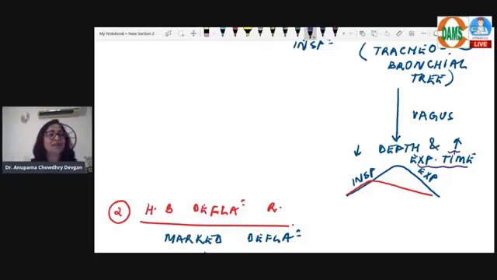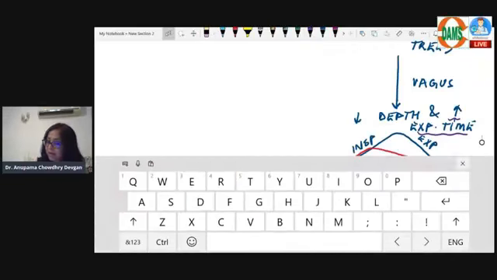Because the rate is not affected, the time available for each respiratory cycle is the same. For example, if there are 12 breaths in 1 minute, each respiratory cycle has 5 seconds. So if this 5-second time remains the same and depth of inspiration decreases, expiration time will get prolonged. So, an increase in expiration time.